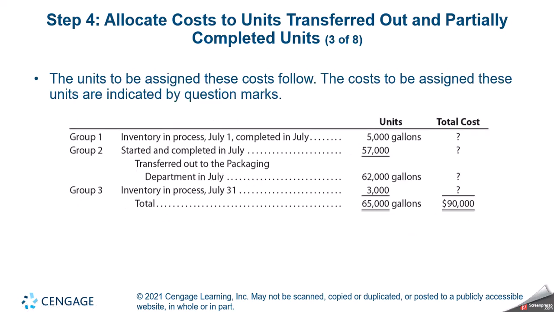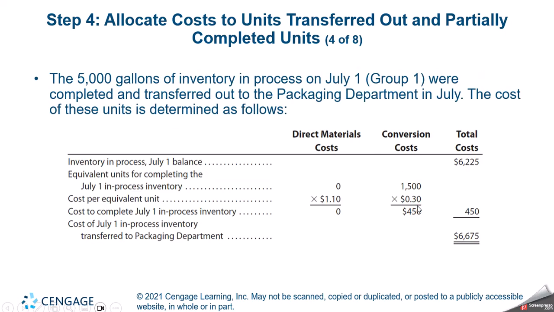So then when we are going to allocate those, we had 5,000 in our beginning, and we're trying to figure out what is our total cost for all of those. So now we're going to take the 5,000 and multiply that times our $1.10. And then our conversion cost in this case, so there's nothing in our in-process inventory, so then our conversion costs are the 1,500 times our 30 cents.